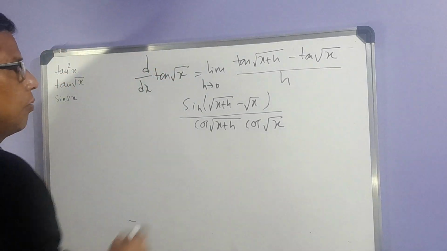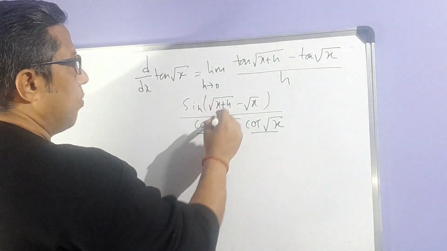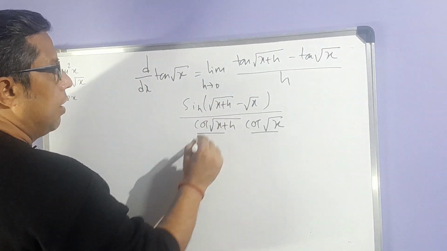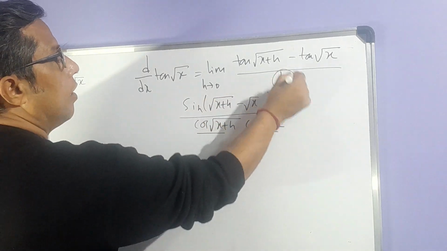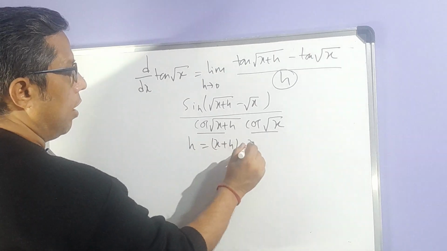In the cos function we should not be worried. Now for the sine of this one, what can we do? We know that we have the h here, right? So h we can write as x plus h minus x.